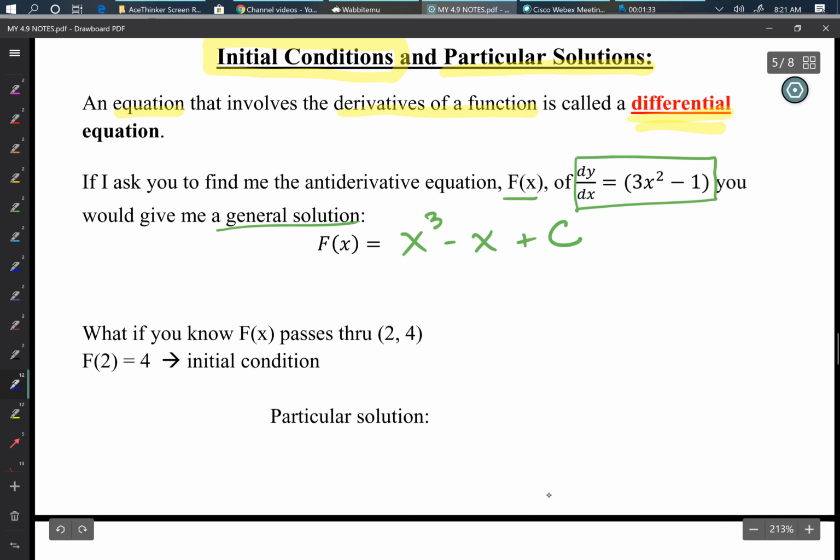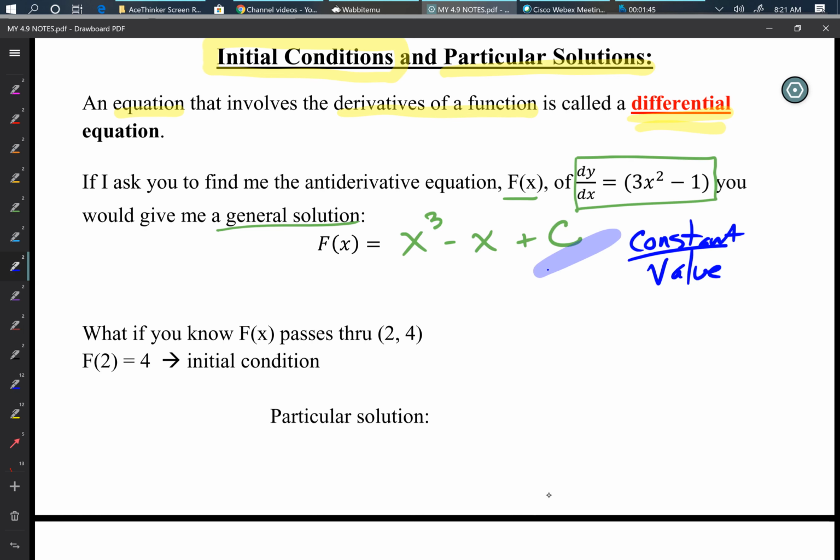And the reason we put the plus c on, just to remind you, is because there could have been some constant value, a number like a 5 or a 7, that when you took the derivative would disappear, and we'd have no evidence of its existence, so we have to put in the c to say, hey, there could have been.